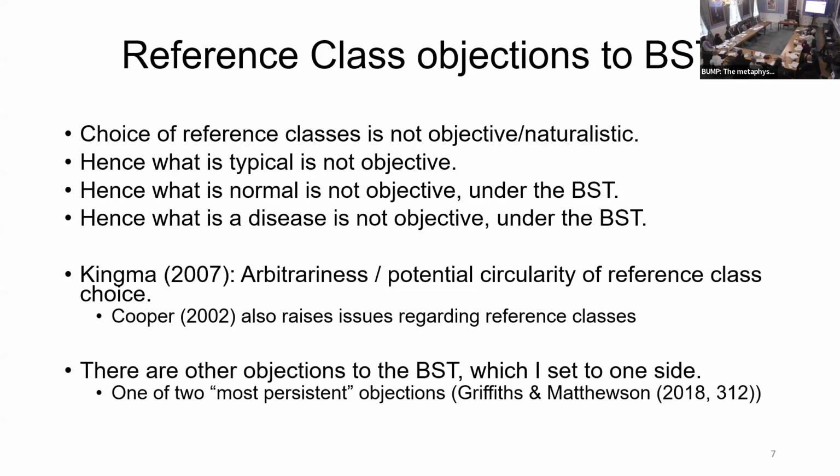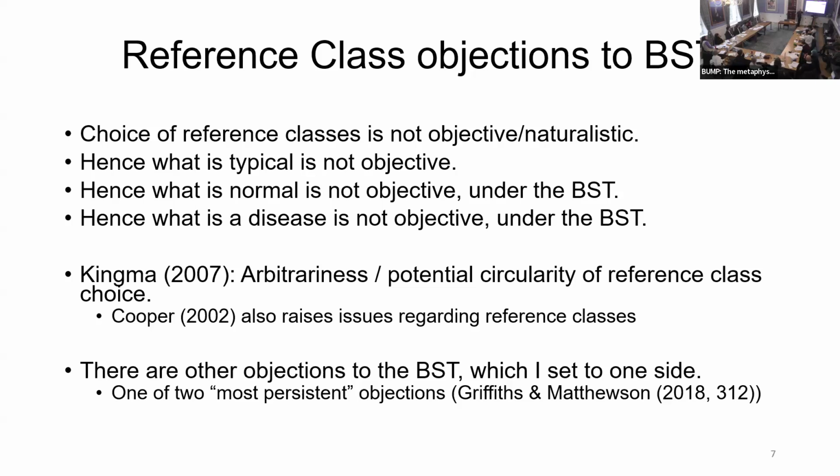As I said, there are other objections to the BST that I'm setting to one side. A relatively recent paper by Griffiths and Matthewson argues that the reference class problem is one of the two most persistent objections to Boorse's account.